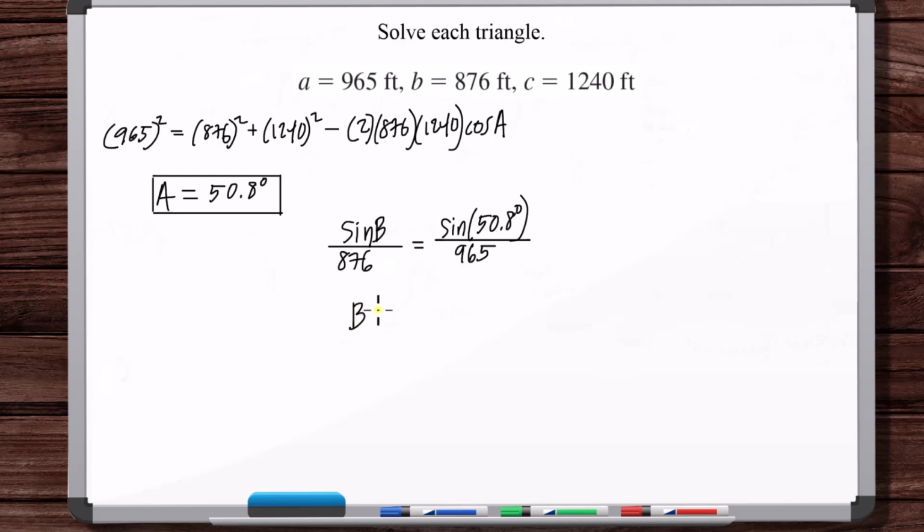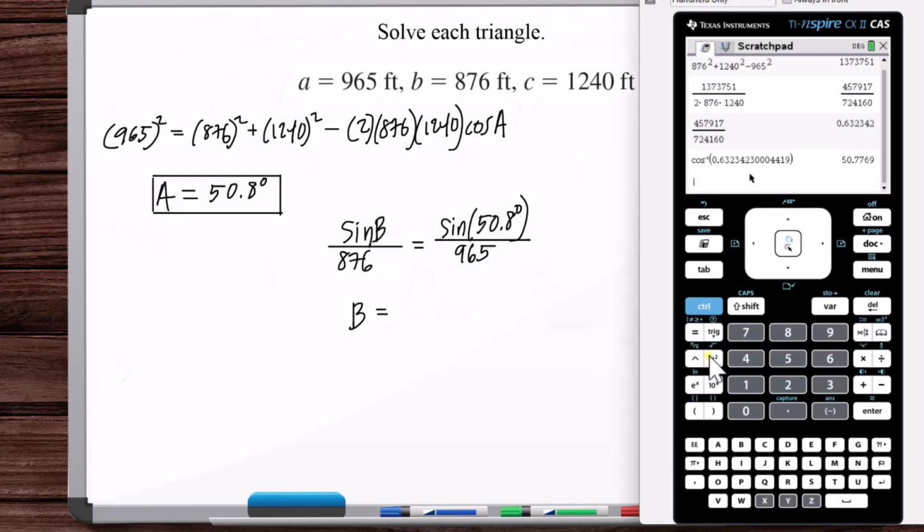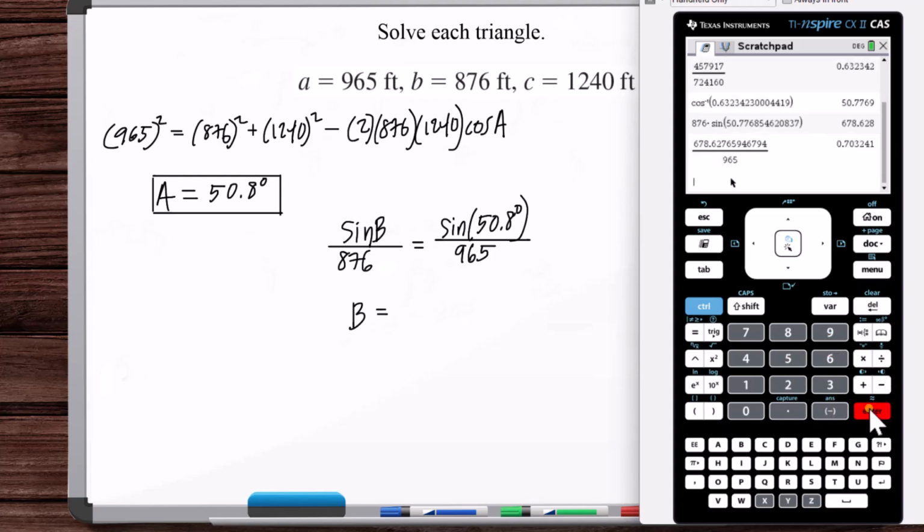So angle B is going to be 876 times sine of this divided by 965.